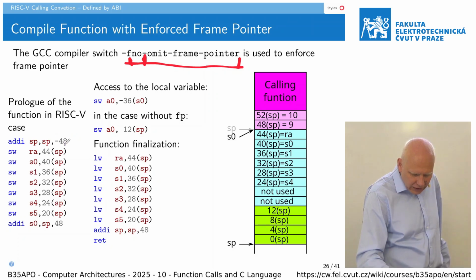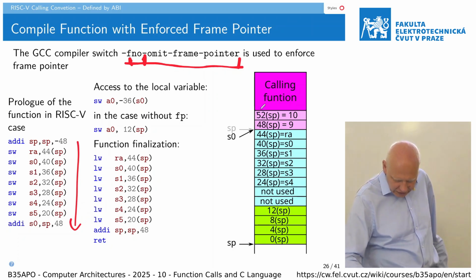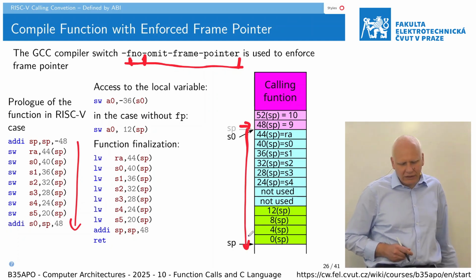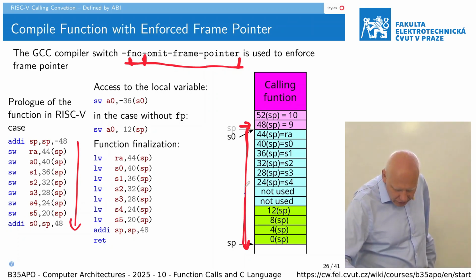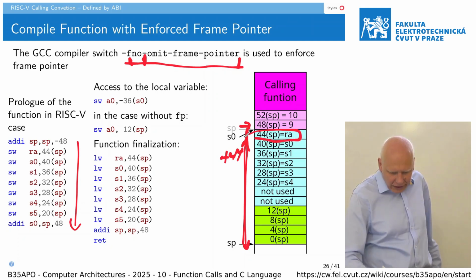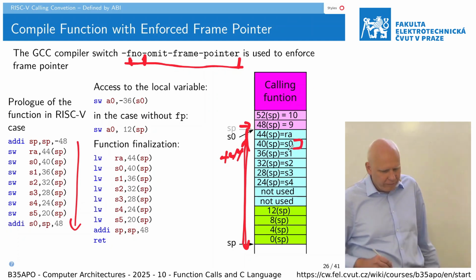So you see we allocate the space, 48 bytes. In this case, there is a stack pointer, and we move it by 48 bytes down. Then at the value plus 44, we store a return address, and plus 40, we store the previous value of the frame pointer.